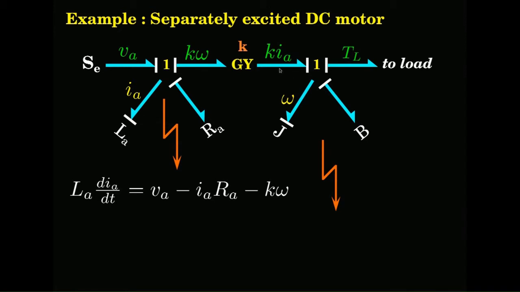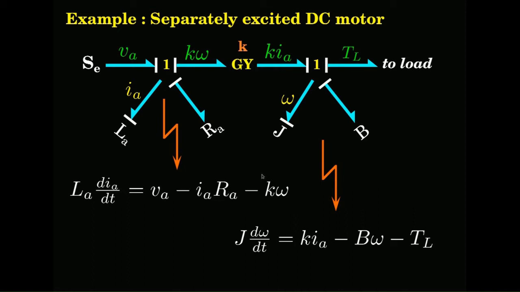So, this is K IA minus TL minus B omega, where omega is a dissipator, so B omega. So, K IA minus B omega minus TL is the effort of the flow decider bond, J d omega by dt. Just like L di by dt, J d omega by dt, inertia times d flow by dt in general, in any domain.